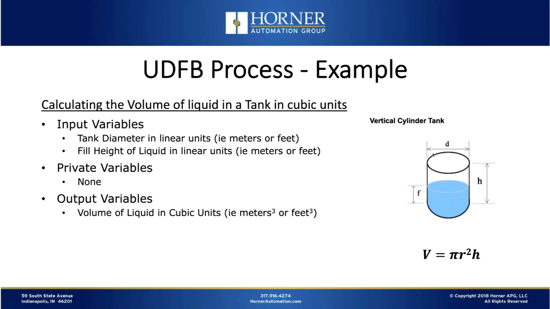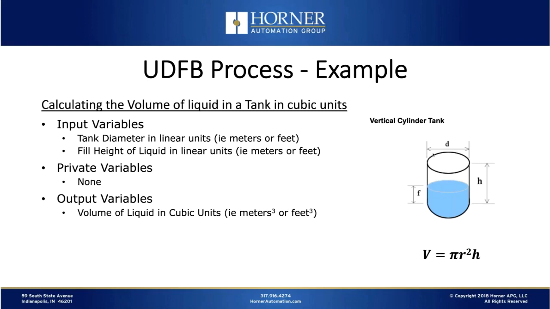So in this particular case, for the function block we're going to create, our input variables are going to be our tank diameter in linear units, so that'll be meters or feet, for instance. The fill height of the liquid, not the tank itself, but of the liquid in the tank. Again, a linear unit, meters or feet.